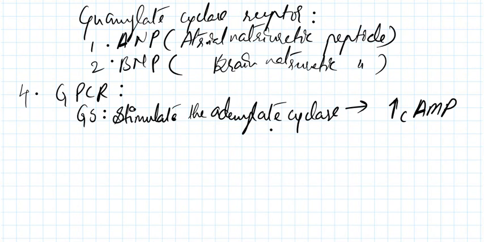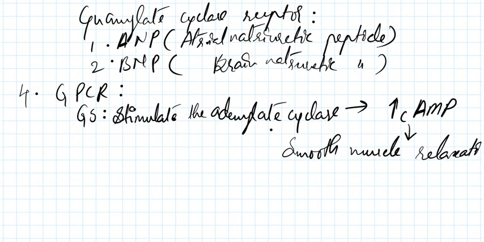Now this rise in cyclic AMP brings about smooth muscle relaxation. This is the mechanism. If Gs type of receptors are activated, it leads to smooth muscle relaxation. Remember this, very much important.